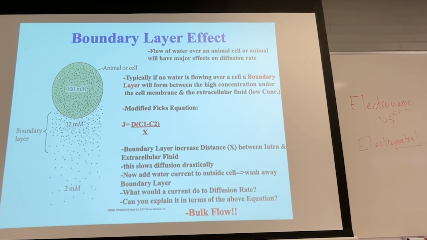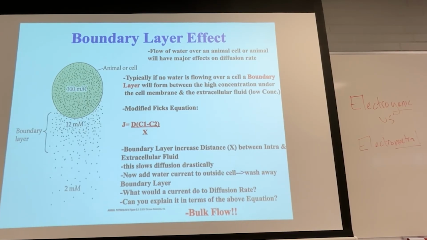Now, the other place where this becomes really important in animals is with this animal cell here, where we want to move the green dots out. If we start at 100 millimolar here and 0 millimolar here, and let's say this green circle is permeable, it will start to move into the extracellular fluid.